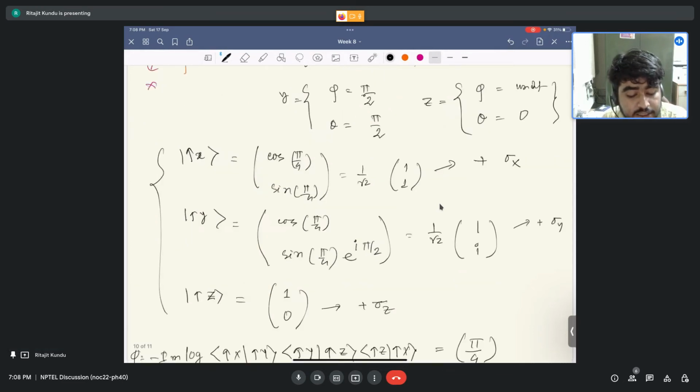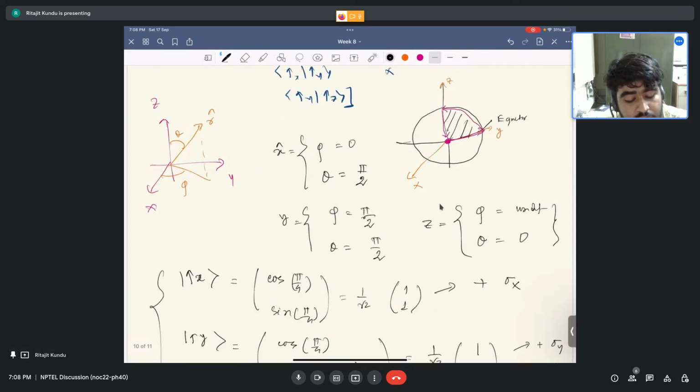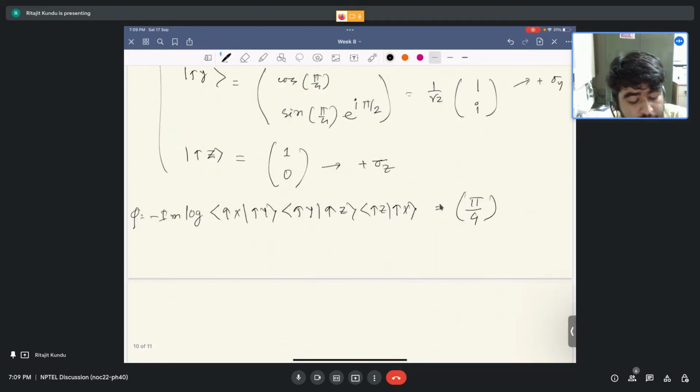This is actually the solid angle of the first octet of the Bloch sphere, which is just pi by 4. Actually, it should be pi by 2, not pi by 4. You can check this. For a sphere the whole solid angle is 2 pi.